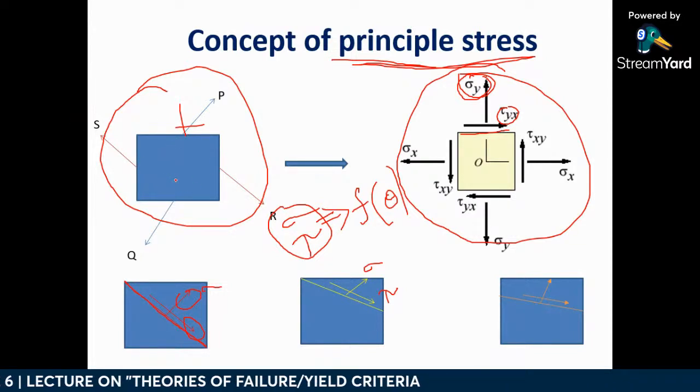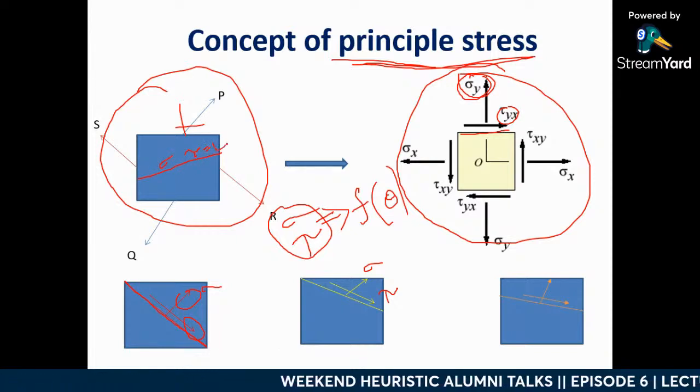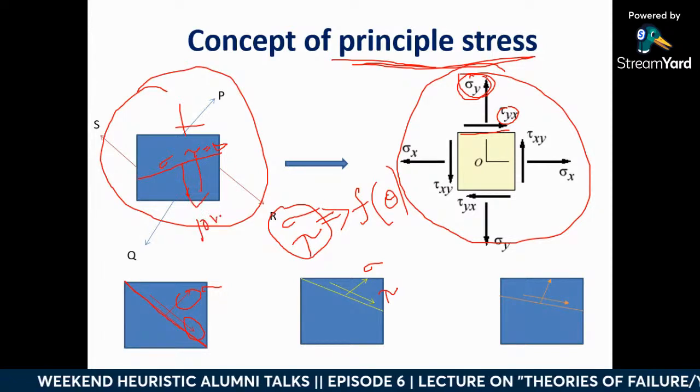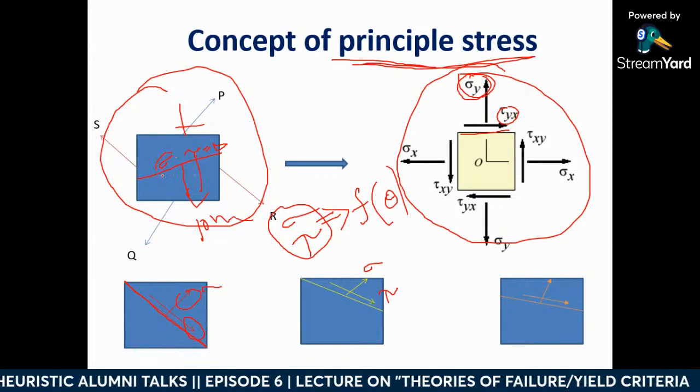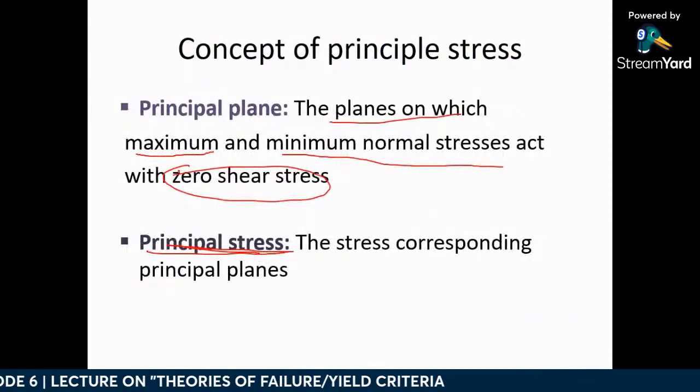Within this object you are having certain planes on which only normal stress is there and shear is becoming zero. So these kinds of planes we are calling principal planes, and this particular stress we are calling a principal stress. I hope it is clear.